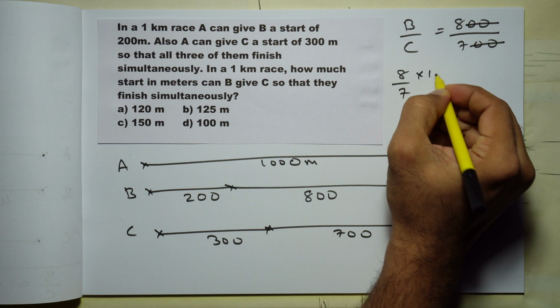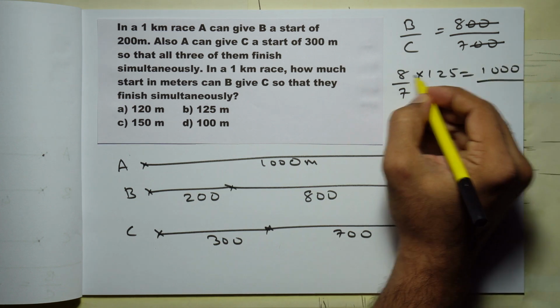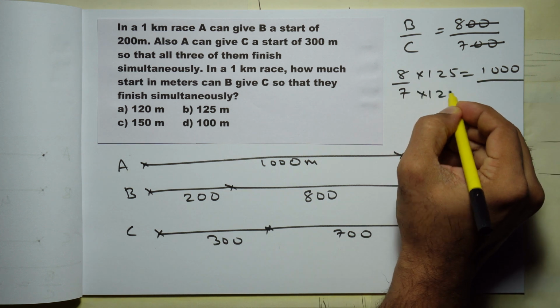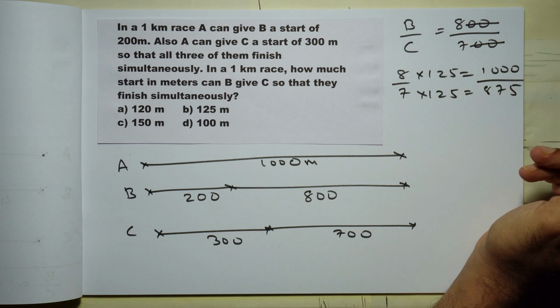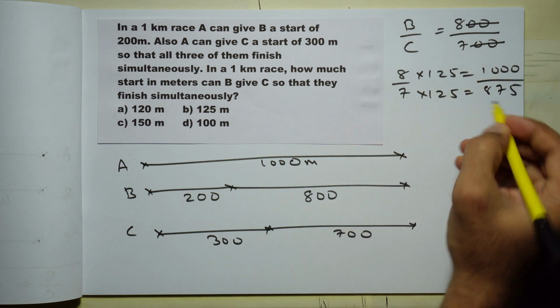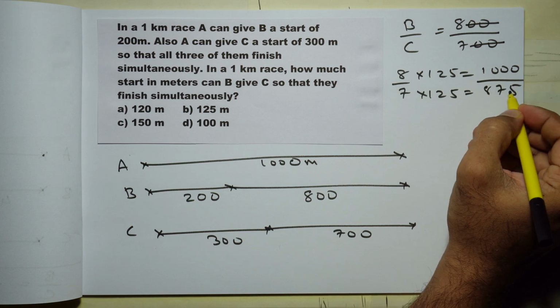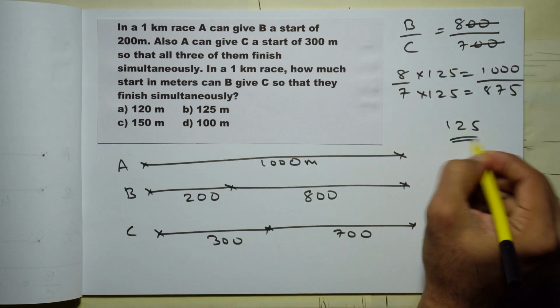Now 8 into 125 is 1000. 8 has been multiplied by 125. So 7 should also be multiplied by 125. 7 into 125, you will get it as 875. So when B does 1000 meters, C will do 875 meters. So if they have to finish simultaneously, B should initially allow C to run for 125 meters.